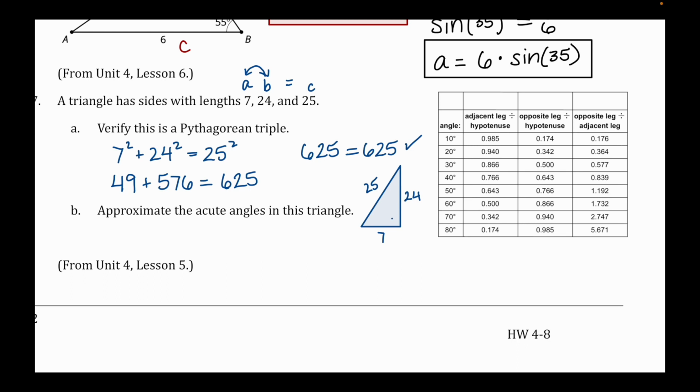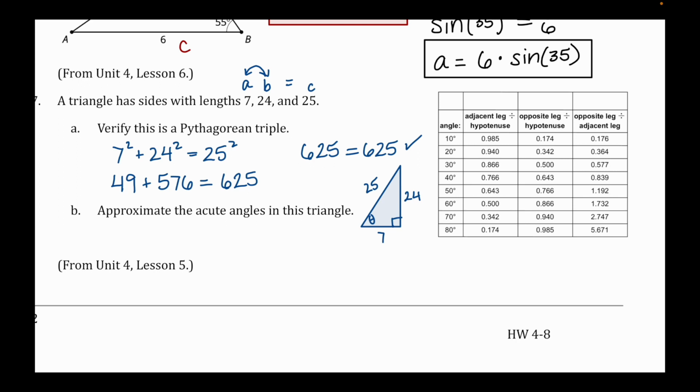So if I was to approximate the acute angles, we'll start with whichever one is next to the 7. That's probably going to be the larger angle. So I'll start over here and call this theta. And then we know the other one is going to be 90 minus theta, but we'll start with verifying theta.